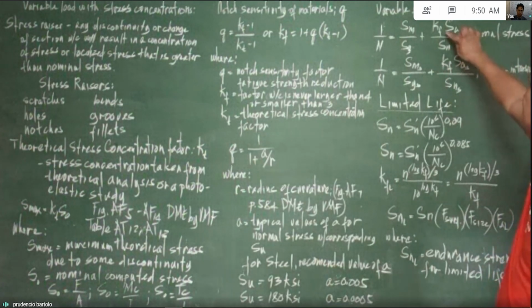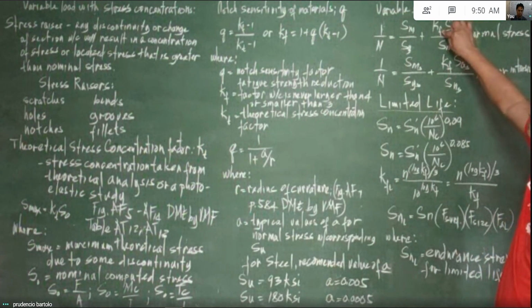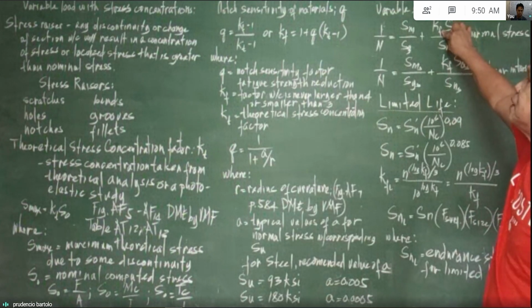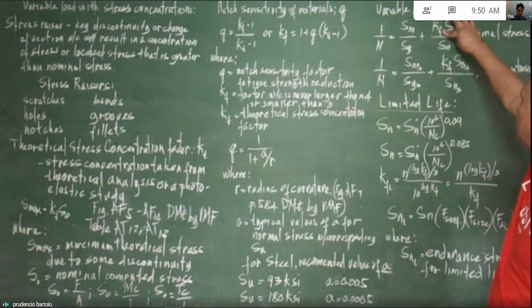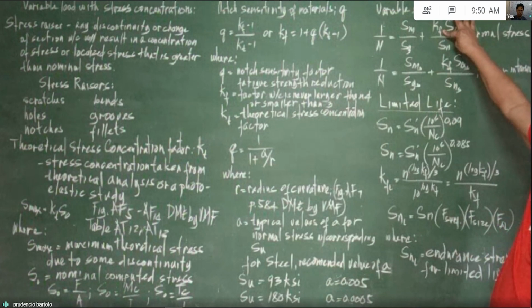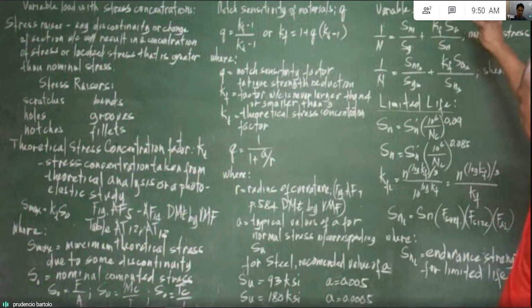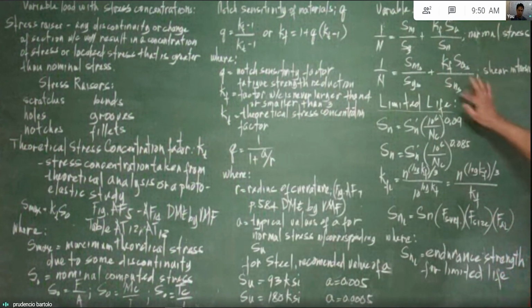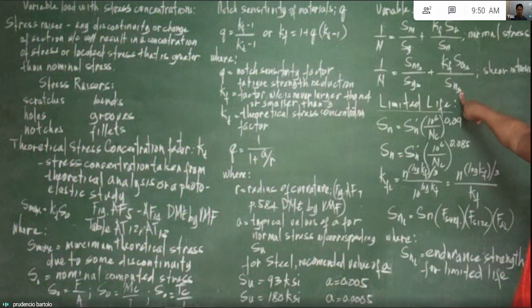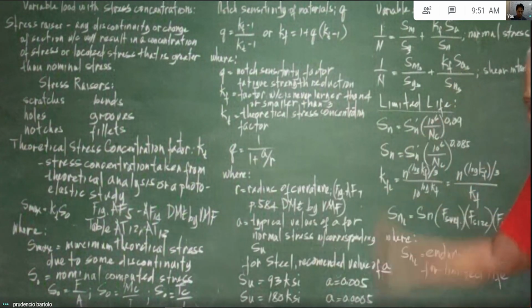The difference is we will be having the fatigue strength reduction factor here, that is K with a subscript f. The same thing with shear in torsion, only we will be indicating that this is shear in torsion with a subscript s.